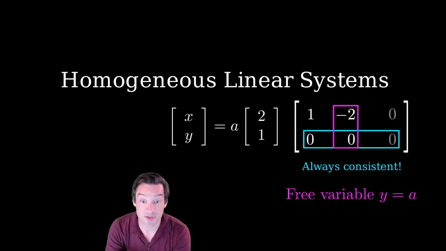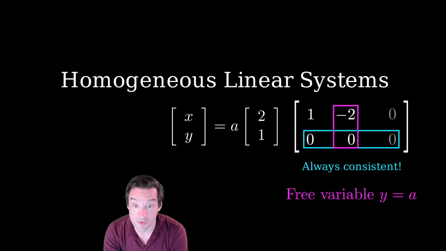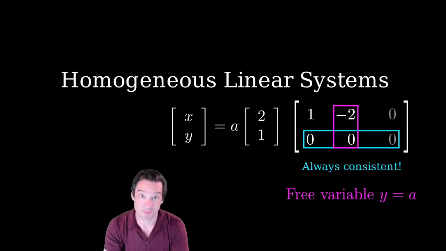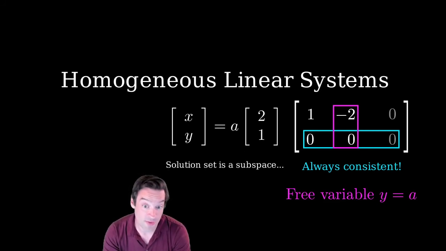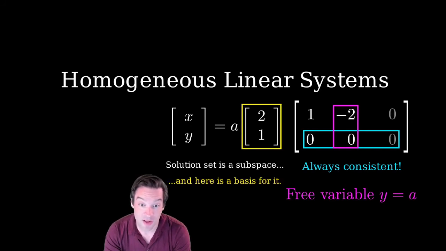In this example, that particular vector is (2, 1). So in other words, any vector whose x component is twice its y component will be a solution of this linear system. And so that set of solutions is a subspace. It's a vector subspace of whatever the ambient space is, which here is R2. And we've found a basis for that subspace as well. It's the vector (2, 1).